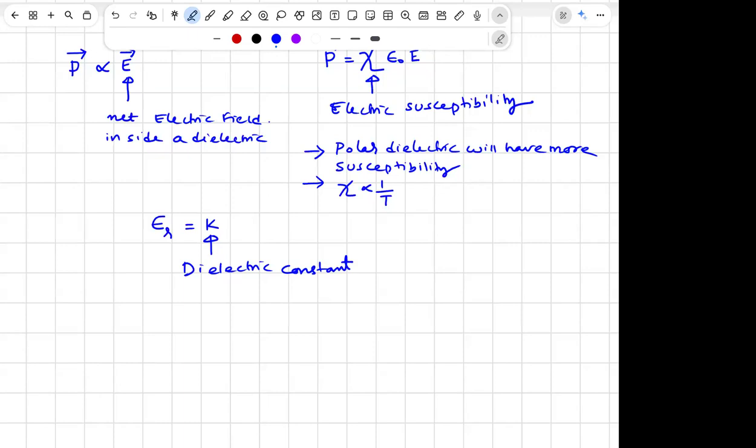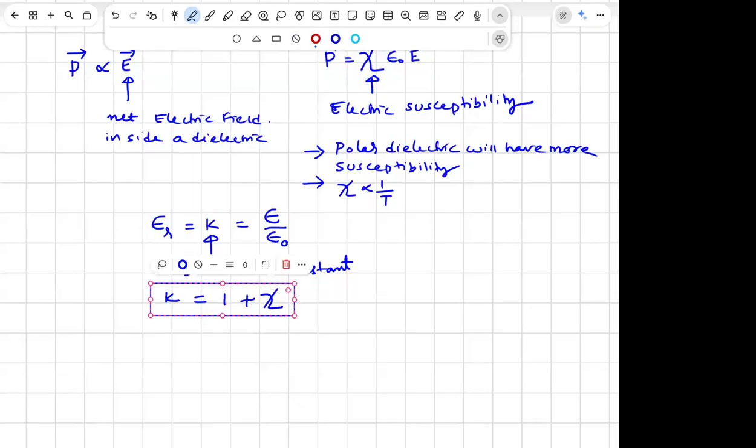That is called dielectric constant, and you know the definition of this is epsilon by epsilon naught. That's the definition. And they are related to susceptibility, as we will derive in magnetism.